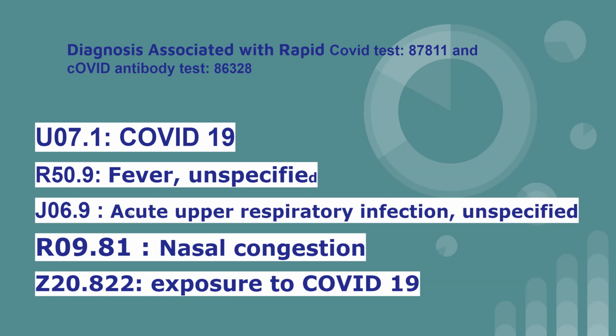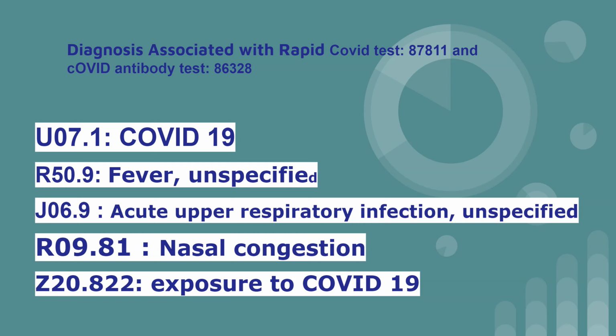So COVID tests, we do the 87811, which is a rapid test, which is a swab from the nose. And very rarely, almost none of you have seen this, the COVID antibody test. We do it like once a month if the parents request it. So it's always 87811. Very simple, just like the influenza, and the URI, all those codes go there.